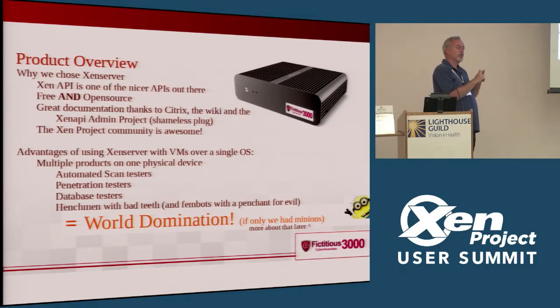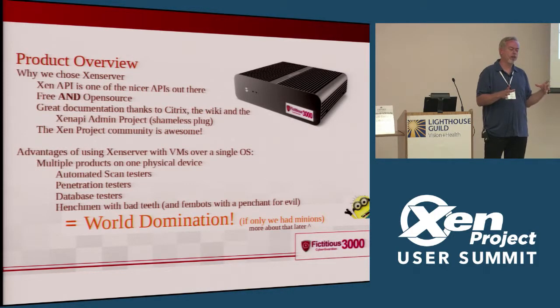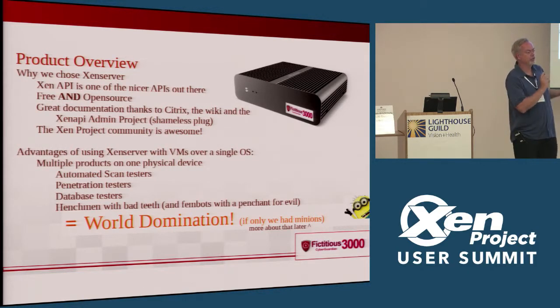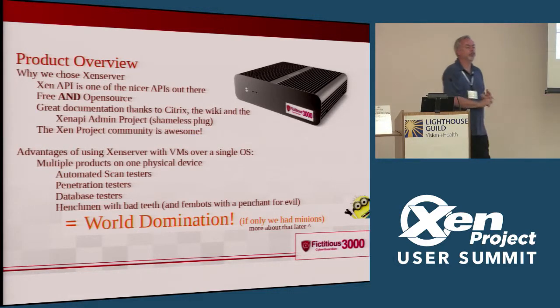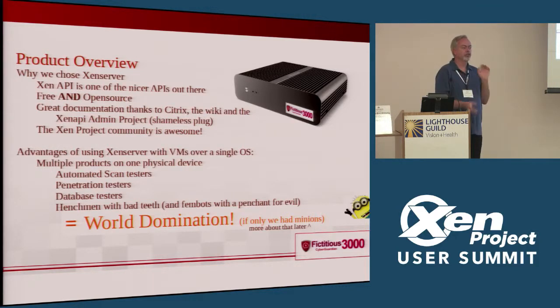The product that I'm talking about here is a virtualized hypervisor system, and then we have a second product that runs on it. That product would be a scan engine, maybe a second or third product would be a penetration testing engine, database engine, or even things that we haven't thought about yet. Having this sort of a system, we could just add services and products depending on what we came up with.